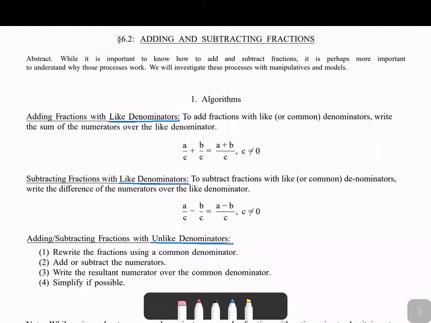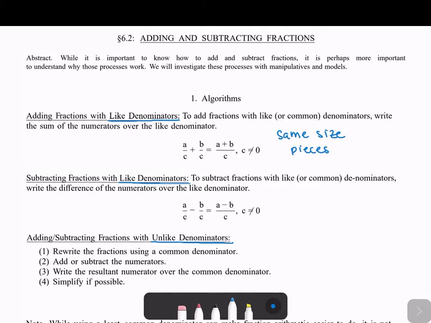So if we have a over c plus b over c, then to add that fraction, all we do is just add the numerators. And this is because the c, the denominator, tells us that we have the same size of pieces. If we think about a fraction as a part over a whole, then that denominator is telling us how many pieces make up our whole.